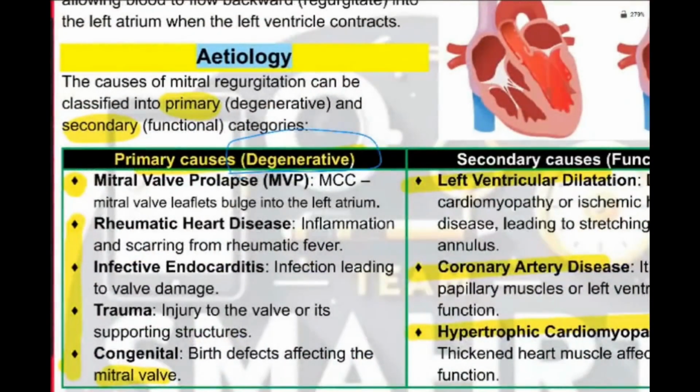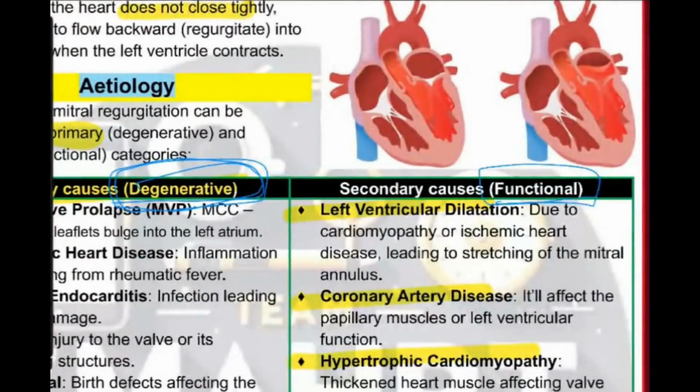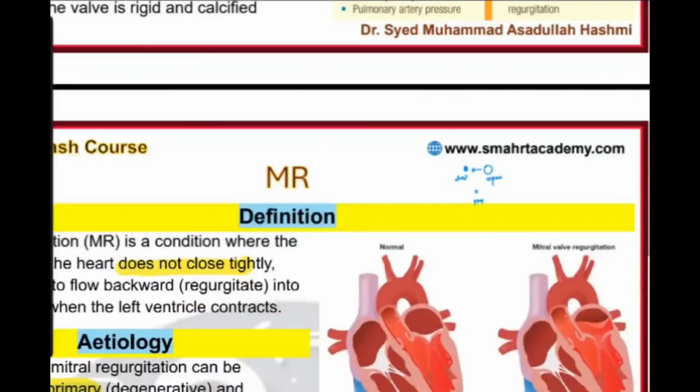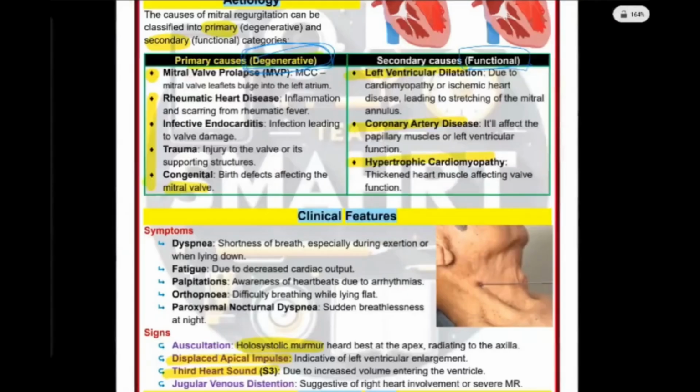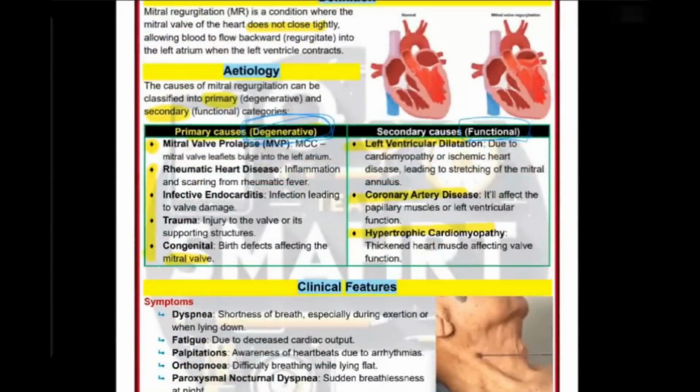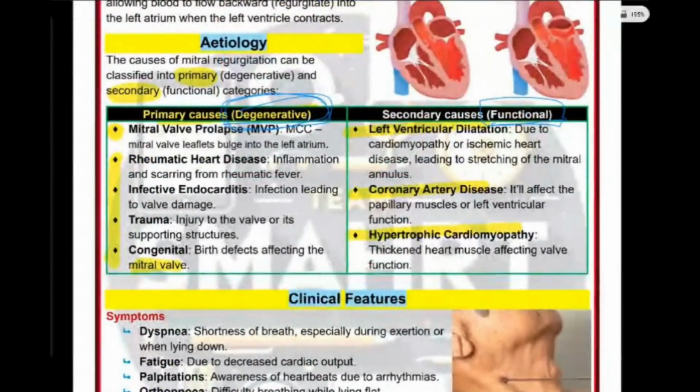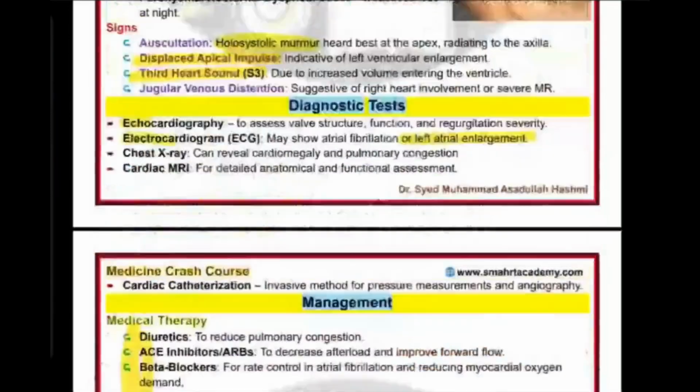Because the leaflets are non-functional or degenerated, or it is trying to close but the heart is large. A large heart means the valve also becomes stretched, no? So the stretched valve is not able to close. That is the functional cause of MR. This is why MR can occur.